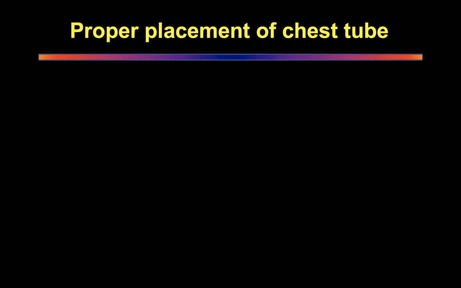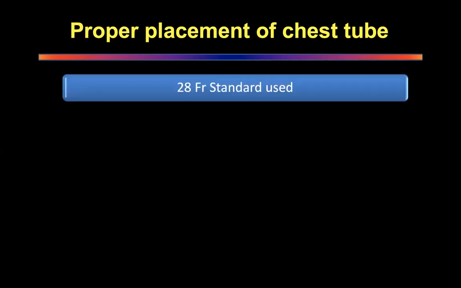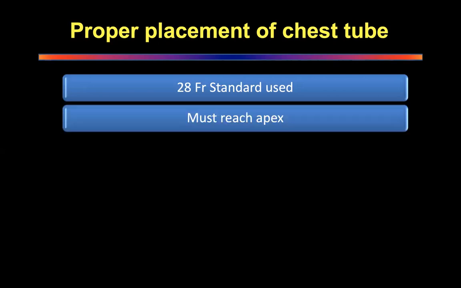The number of times patients get surgical emphysema because the tube is not correctly placed is a real disaster for the patient. In a standard scenario, I use a 28 French drain whenever I'm doing empyema surgery, or whenever I'm doing hemothorax surgery. I will use a 32 French drain as standard.